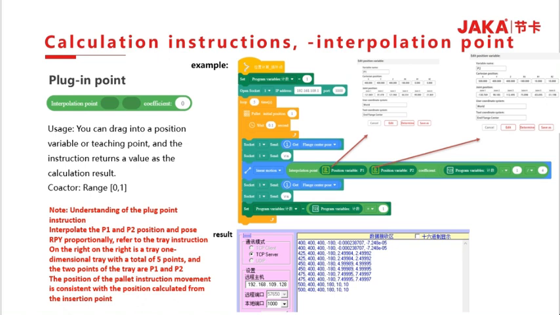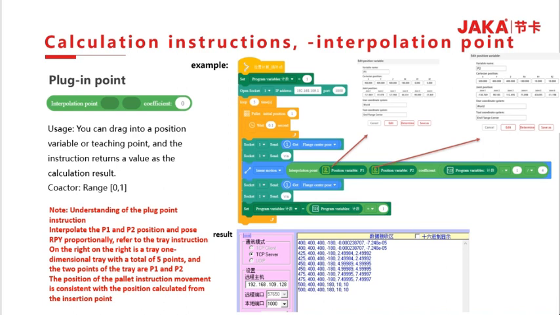After the movement is in place, the socket sends the coordinates of the center position of the end flange. After the movement is completed, the count variable is increased by 1 and the cycle moves 5 times. The following figure shows the result of 5 palette movements and 5 interpolation point calculations.